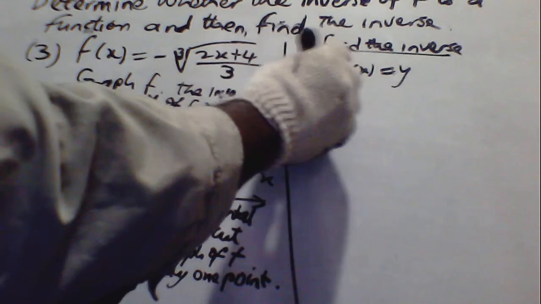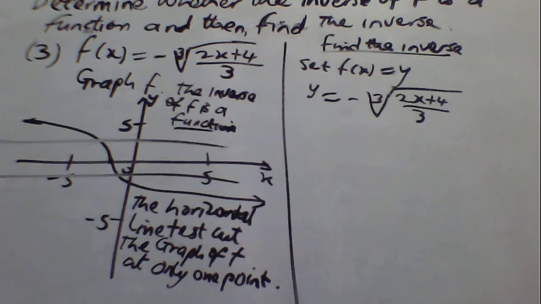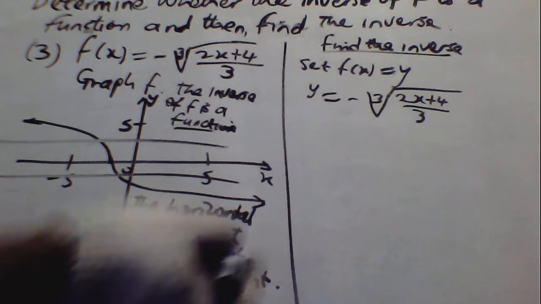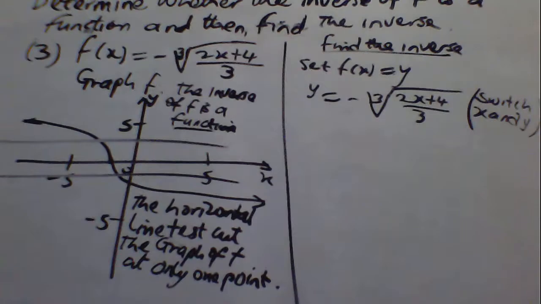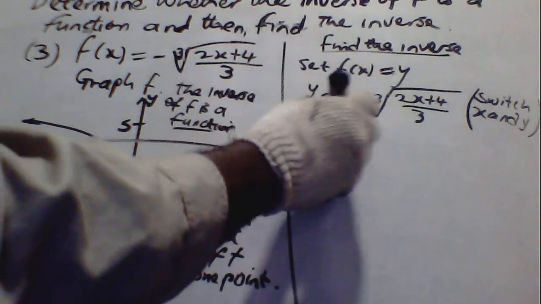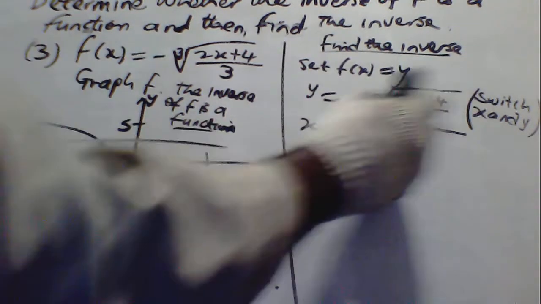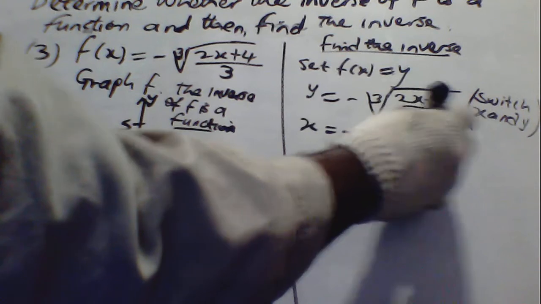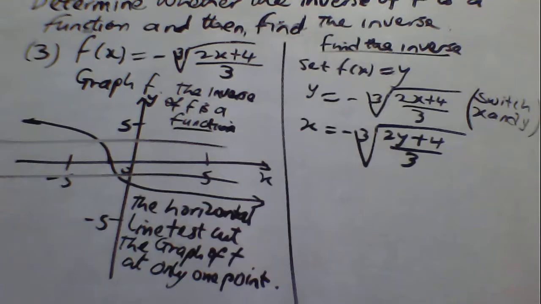So this gives us y equals minus the cube root of (2x plus 4) divided by 3. From here you can switch x and y. This gives us x equals minus the cube root of (2y plus 4) divided by 3.